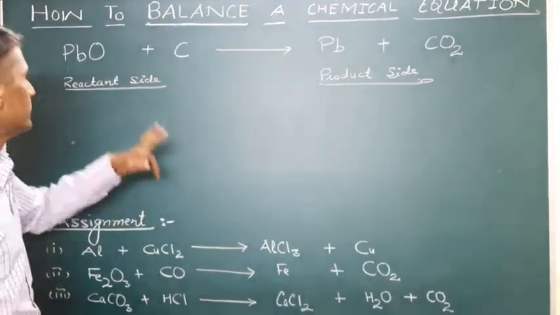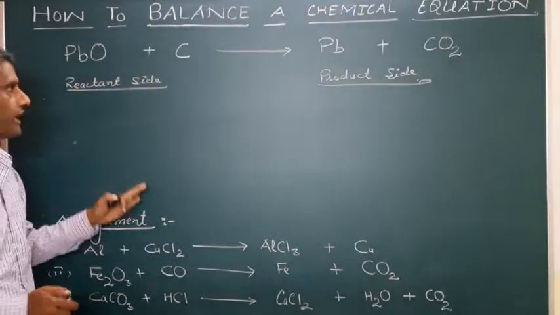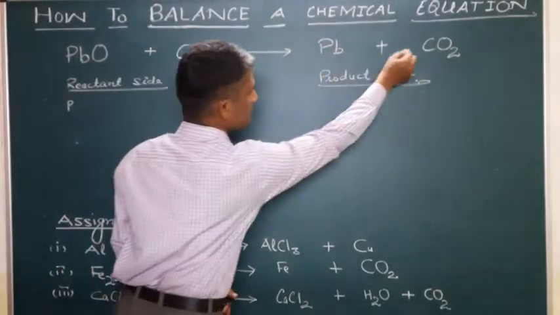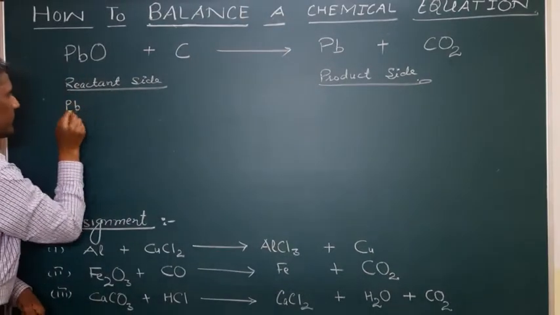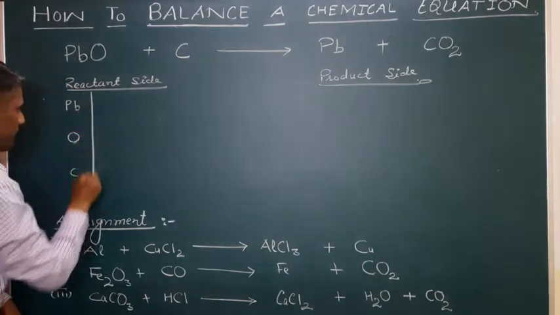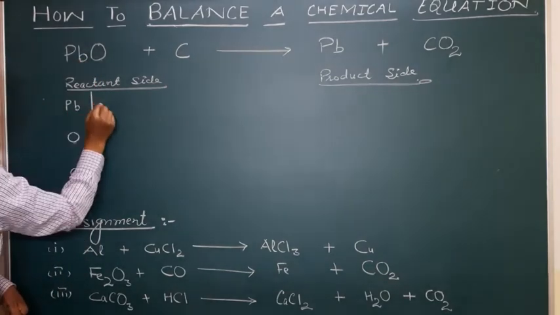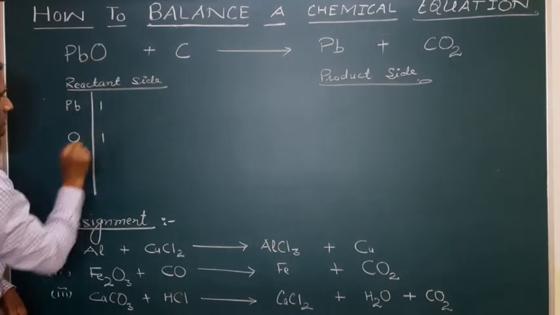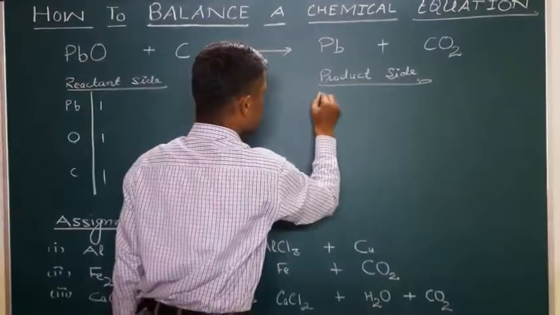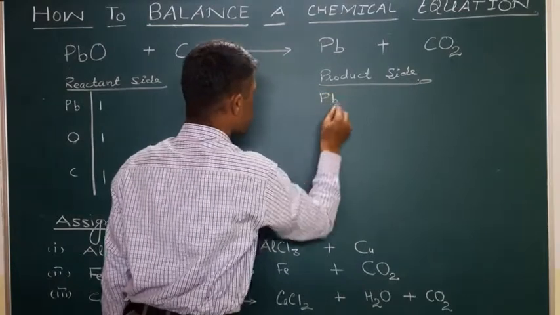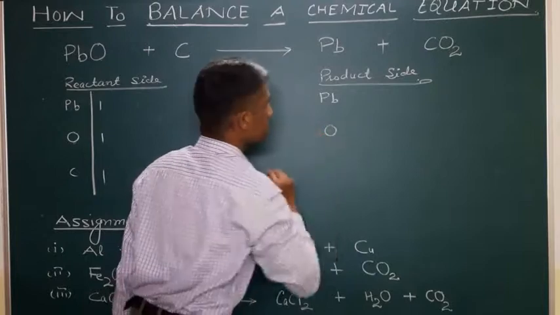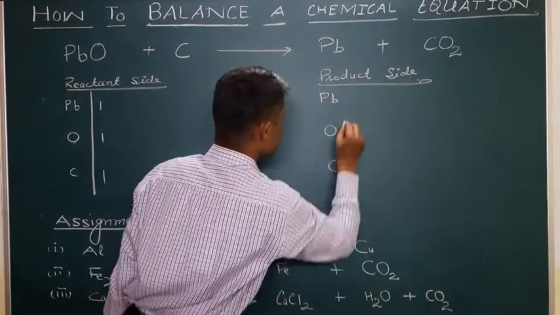It requires balancing. Now we will write down the elements. It is lead oxide plus carbon to give lead plus carbon dioxide. Here it is lead, oxygen and carbon. So the number of atoms of lead is 1, oxygen 1, carbon 1. Similarly over here it is lead, oxygen, and carbon.